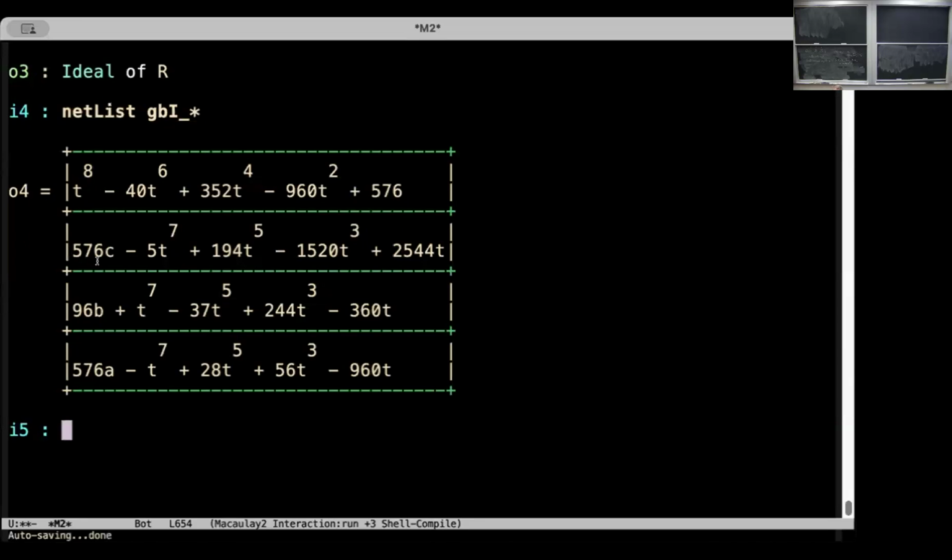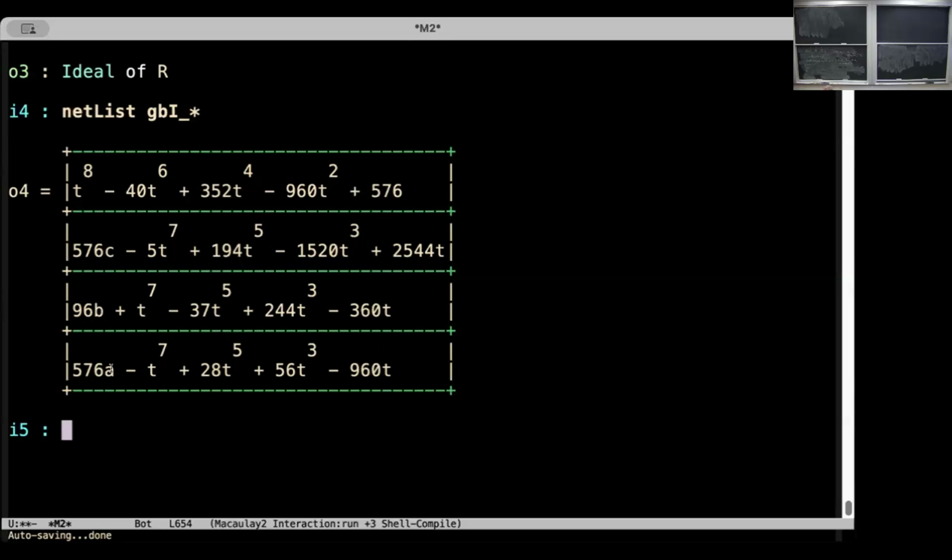If we didn't have a polynomial that was only in T, the intersection would be the zero ideal, not empty. That is certainly a possibility.